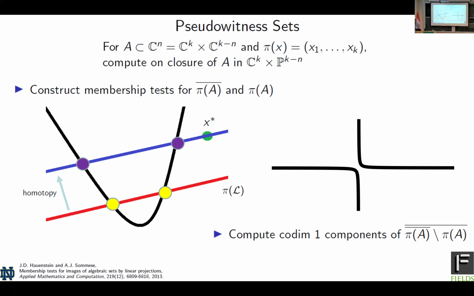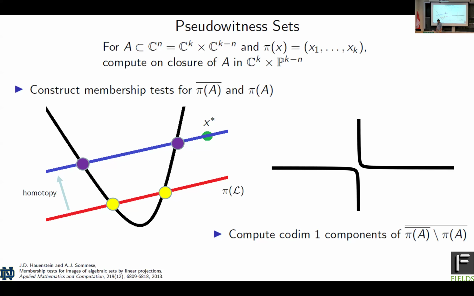So what you do is you homogenize. So you homogenize in the fiber variables, and so then in the fiber variables, this becomes a projective space, so it's nice and compact, and then you can test, is my homogenizing variable 0 or not 0? If the homogenizing variable is 0, that's a codimension 1 condition.